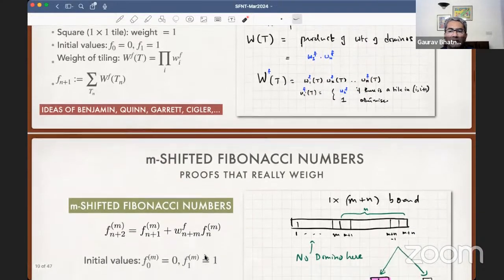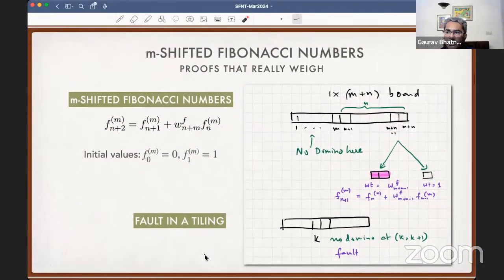Okay, so if we go back to Schur's work, there is a concept of an m-shifted Fibonacci number. There is some work of Garrett, Ismail, and Stanton.